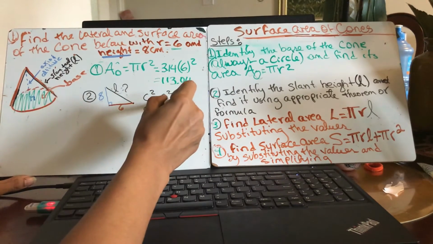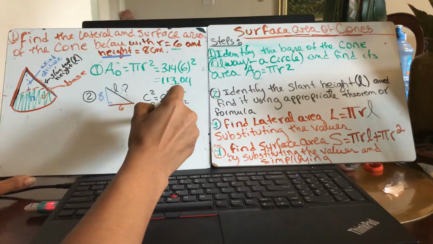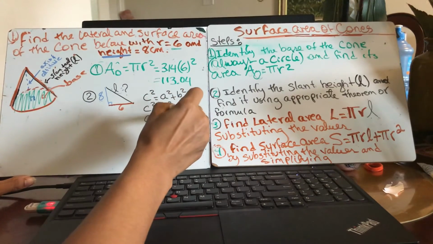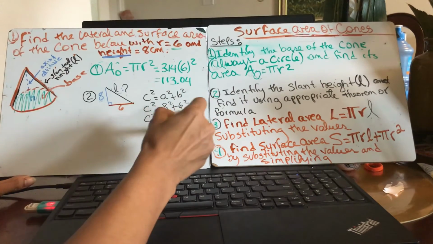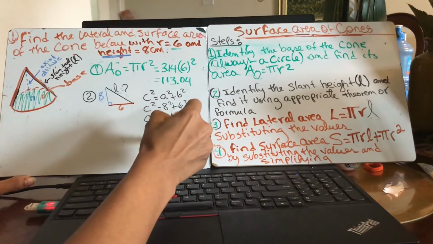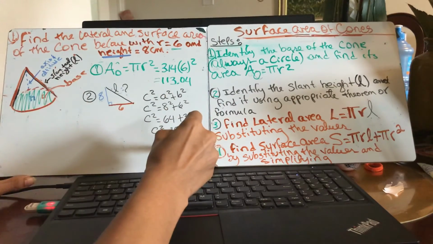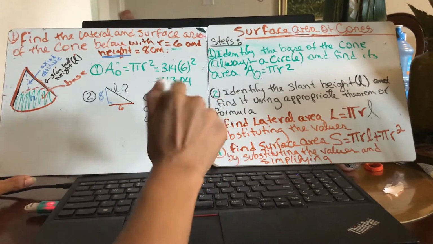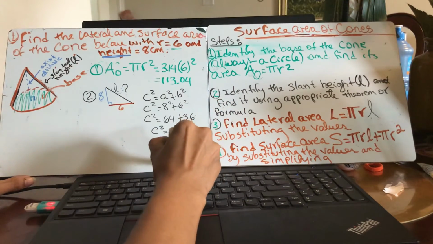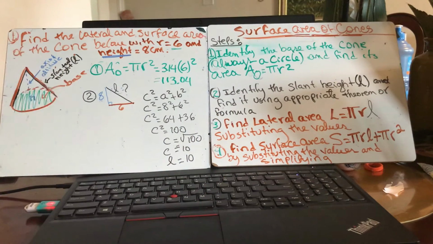It's going to be 8 squared plus 6 squared, or 6 squared plus 8 squared, same thing. c squared equals 64 plus 36. c squared is 100, and the square root of 100 is 10. And again, this is the same thing as L, or the slanted height, this piece right here.